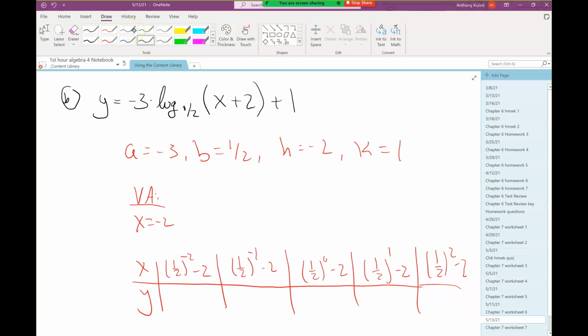So if I simplify that, I get 2, 0, and then -1, and then -1.5, and then -1.75.